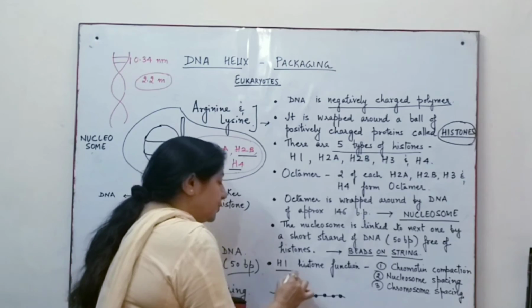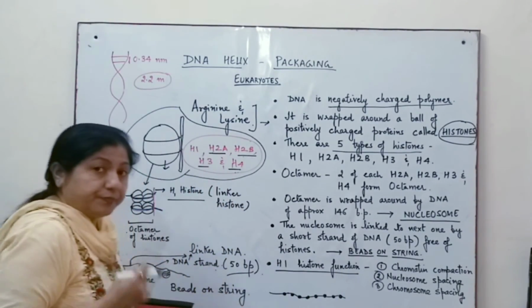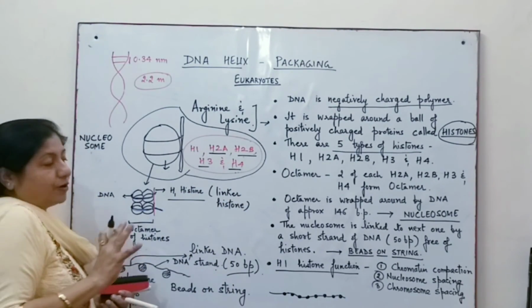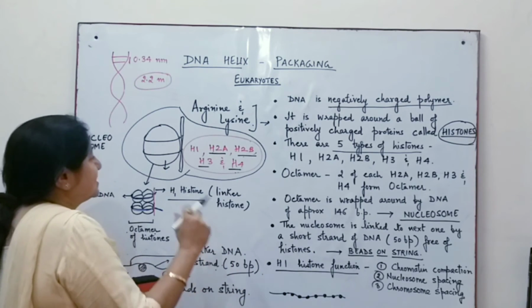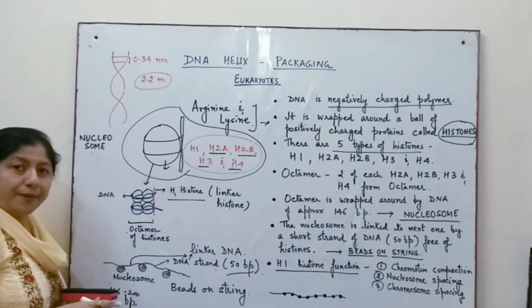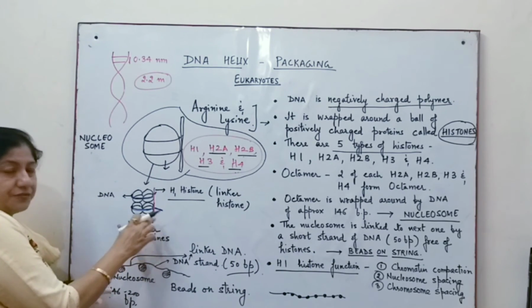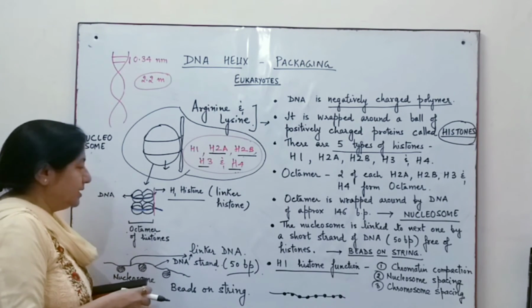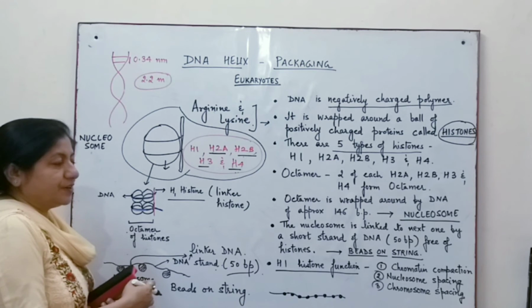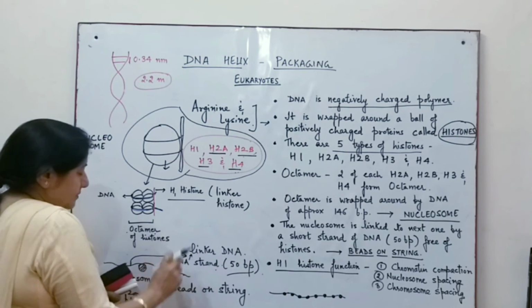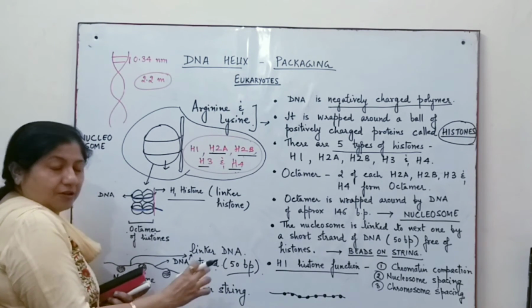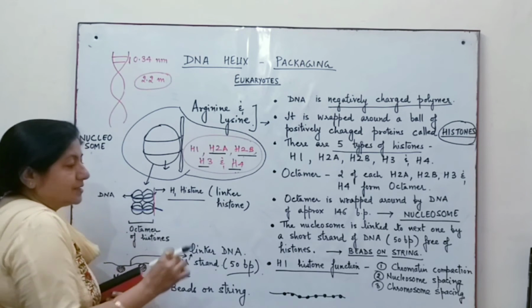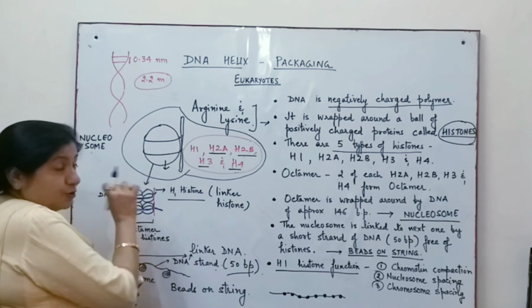Now the H1 histone performs certain important functions. It helps in chromatin compaction. When the cell is not dividing, the chromatin fibers are present within the nucleus in the form of beads on a string because of the nucleosomes.